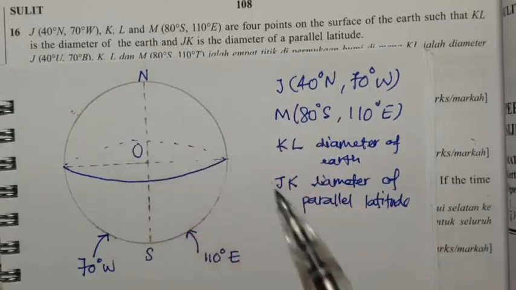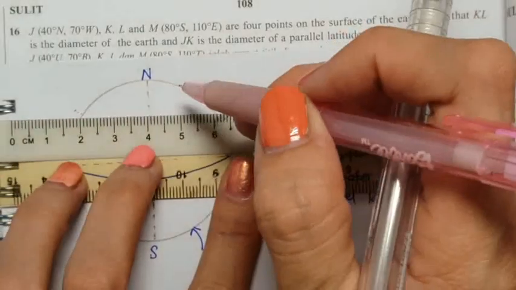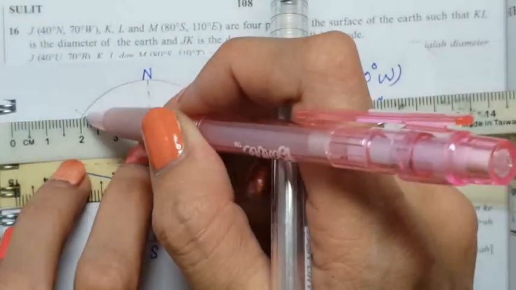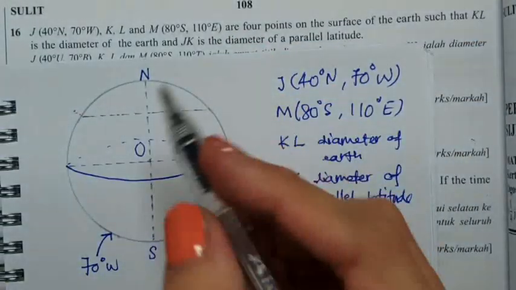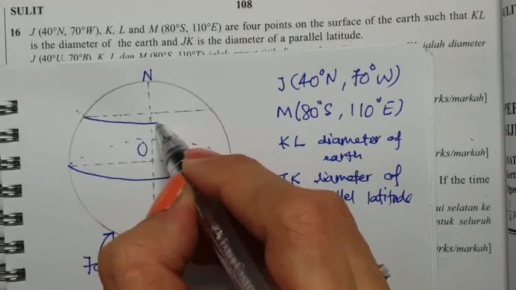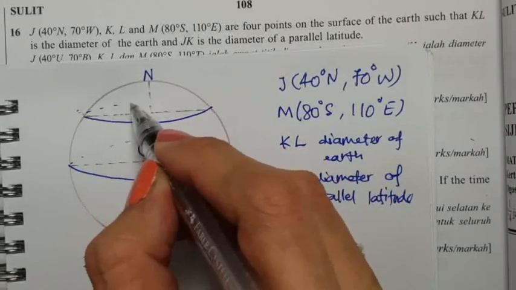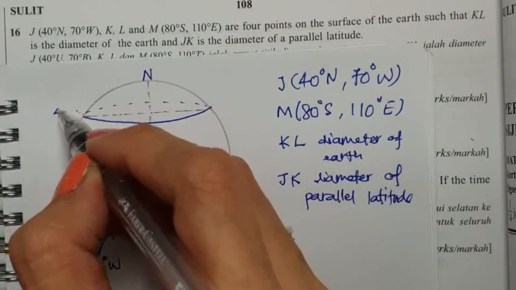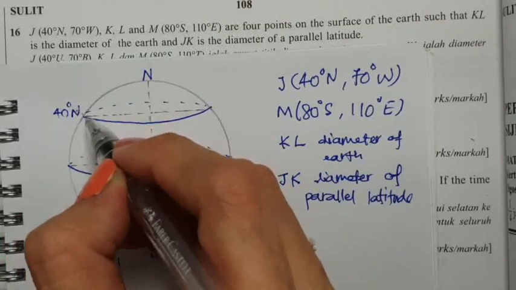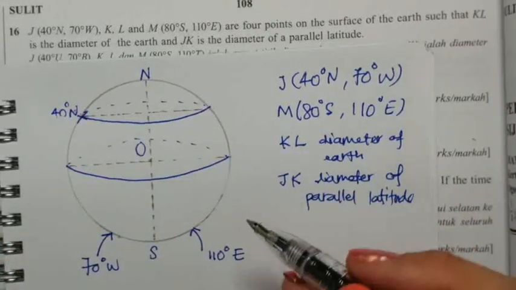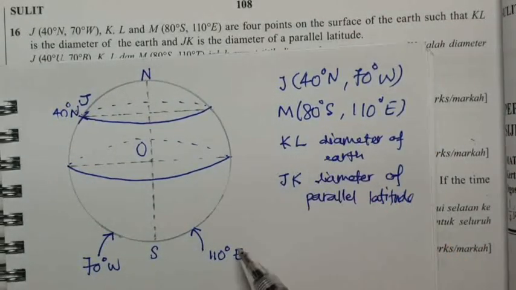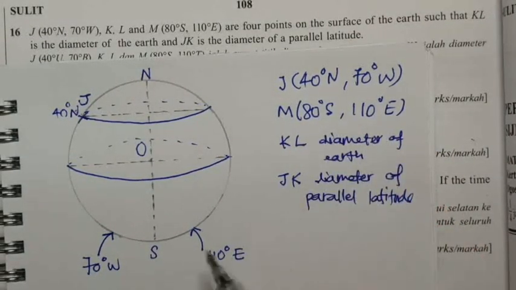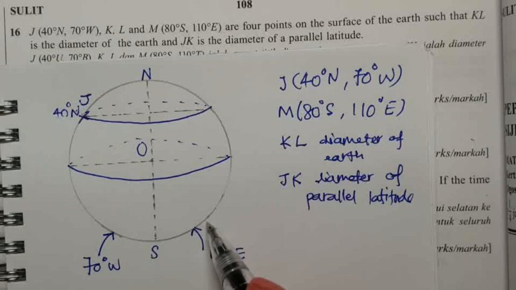And J is at 40° north. So let's draw the 40° north. Okay, let it be here. This is the diameter of the parallel of latitude, so this will be the latitude, and this is 40° north. And this point is our J. And then M is 80° south at 110° east over here.